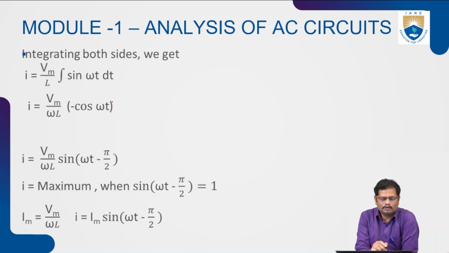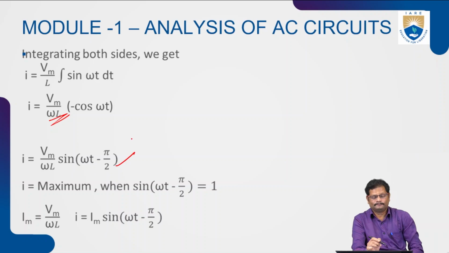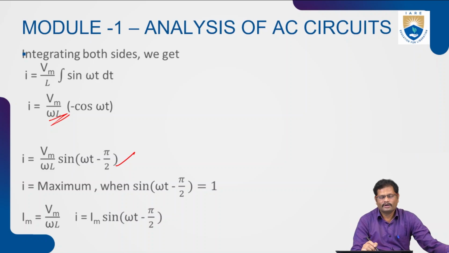So it becomes I equal to Vm by omega L into sin of omega t minus 90 degrees, or pi by 2. So I is maximum when sin of omega t minus 90 is equal to 1, and Im is equal to Vm by omega L. So I equal to Im sin of omega t minus pi by 2.